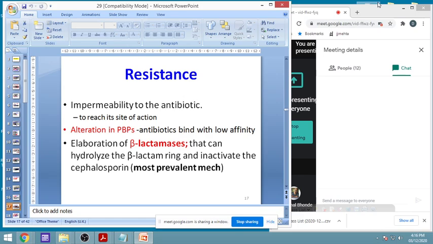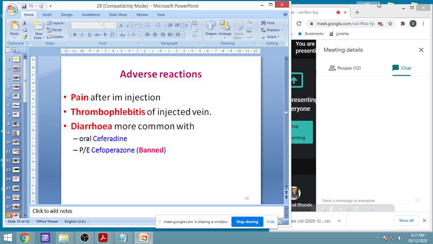This is the most prevalent mechanism, even though the latest ones have lesser chances of resistance by this mechanism. Fourth and fifth generation have comparatively more strength against these beta-lactamase enzymes.